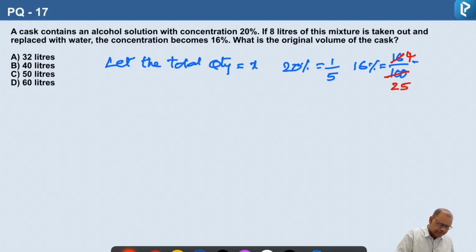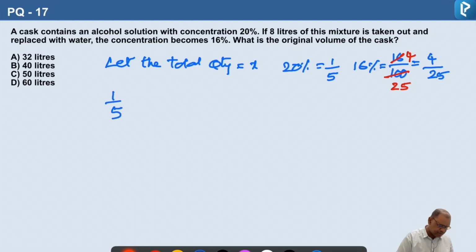So the fraction form is 4 by 25. The final concentration is 4 by 25 of alcohol in the solution. The initial concentration is 1 by 5.